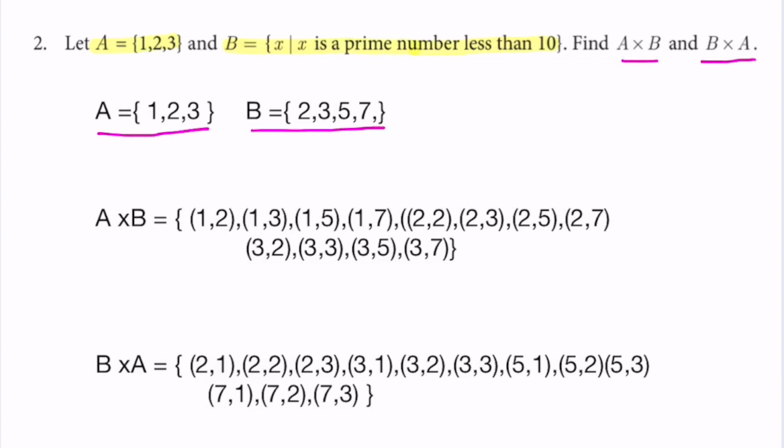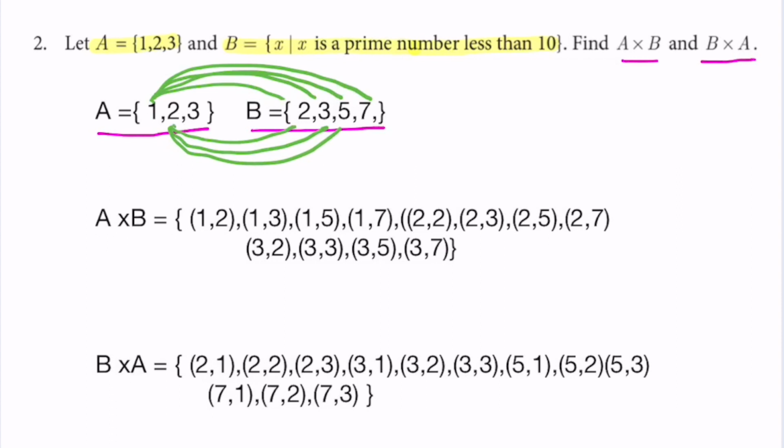So now let us find out the ordered pairs. So it is 1 comma 2, 1 comma 3, 1 comma 5 and 1 comma 7. Now let us find the ordered pairs from 2. So it is 2 comma 2, 2 comma 3, 2 comma 5 and 2 comma 7.